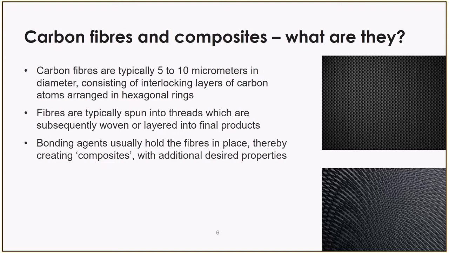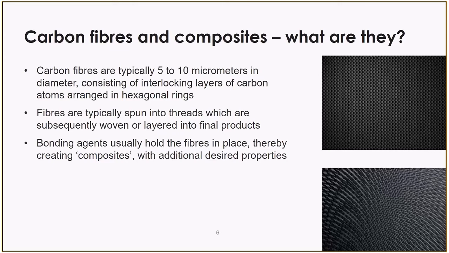In carbon fibers, atoms are arranged in long chains of hexagonal carbon rings. Some bonding occurs between the chains, and some interlocking also occurs between the chains. This structure gives the special properties to carbon fibers.